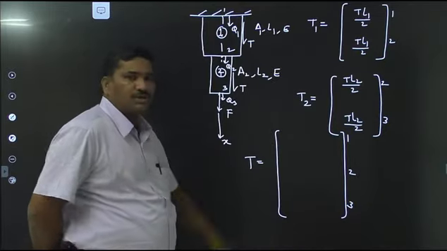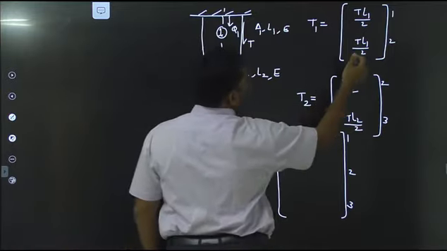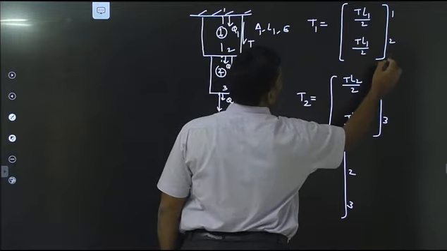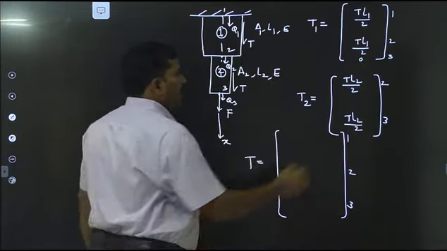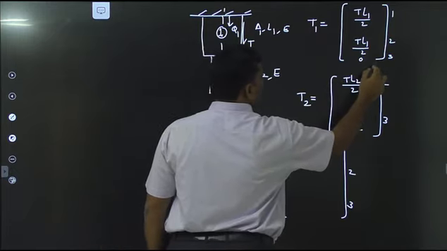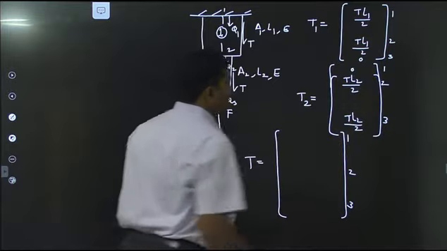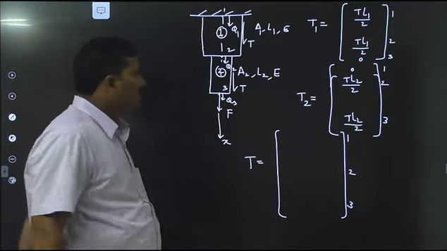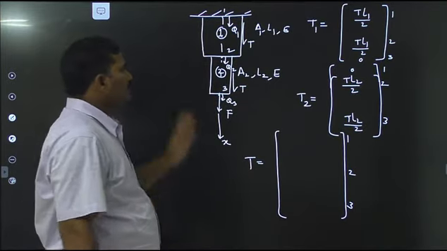Hence, I write 1, 2, 3. Okay? Now, here I don't have the element corresponding to the 3rd degree of freedom. Hence, I put 0 here. And here there is no element corresponding to the 1st degree of freedom. Therefore, I put 0 here. Simply sum up, because the sizes of both matrices are the same.